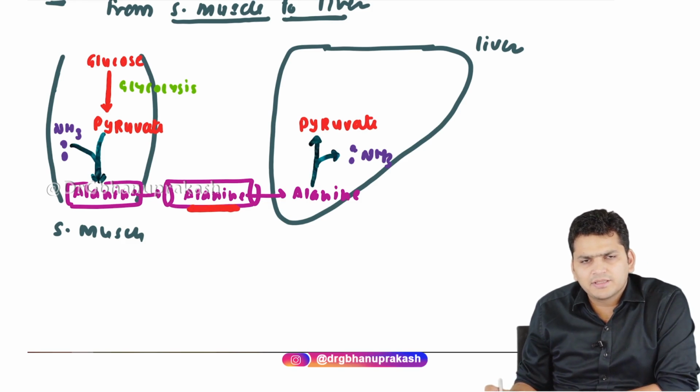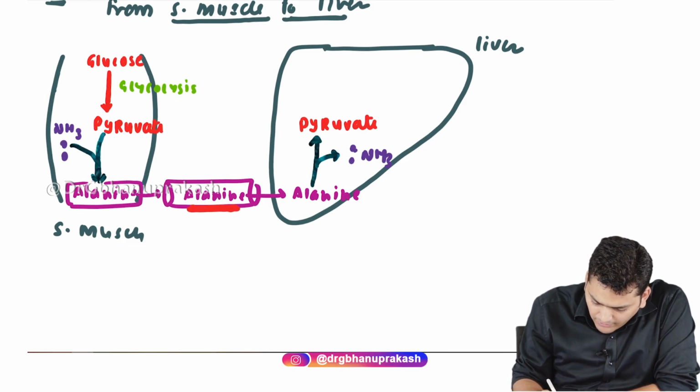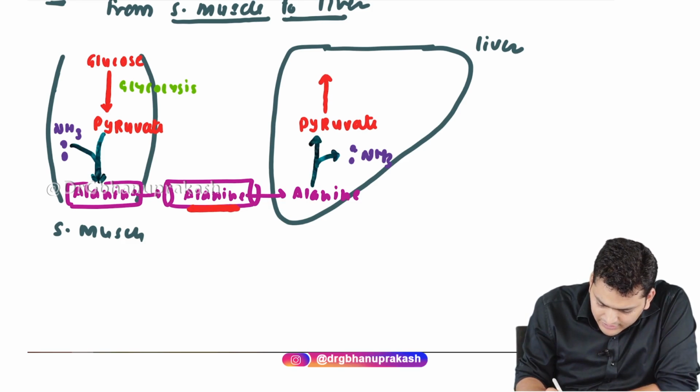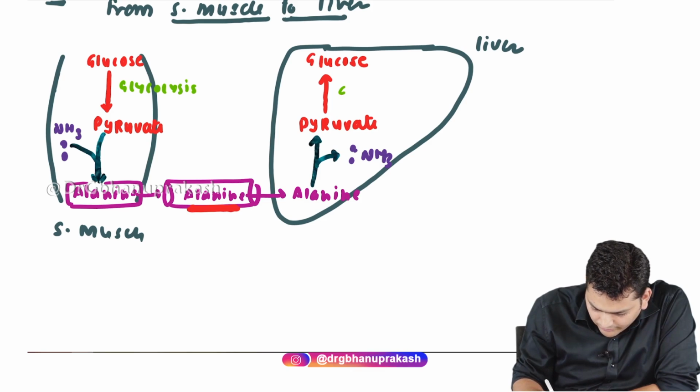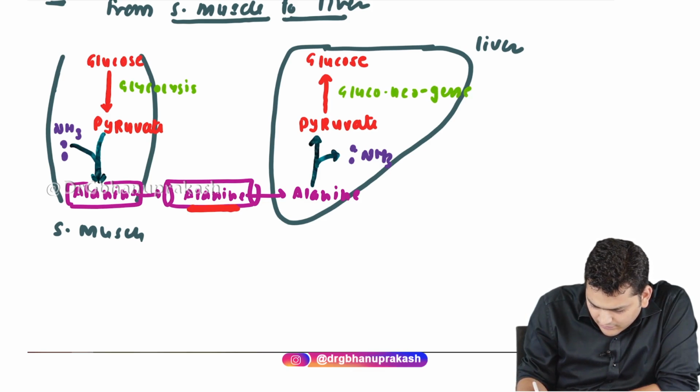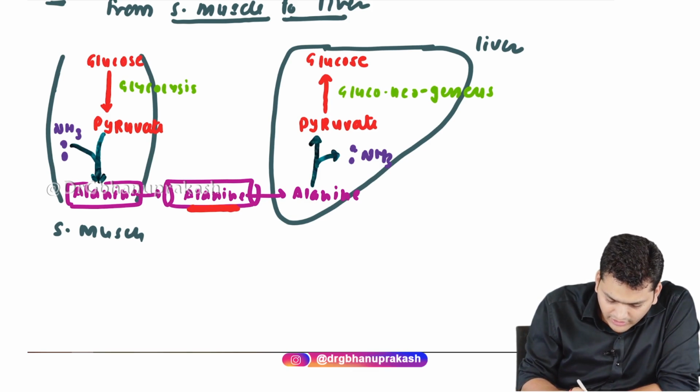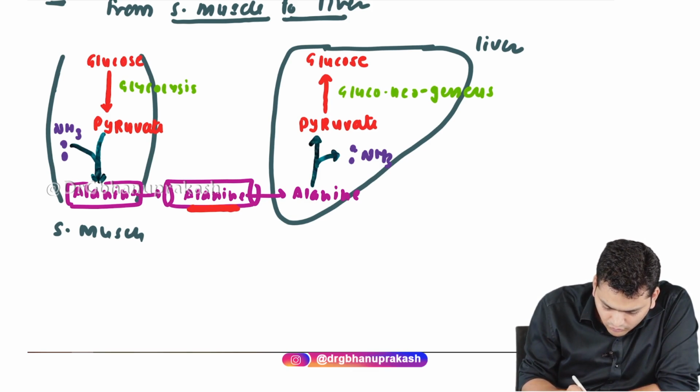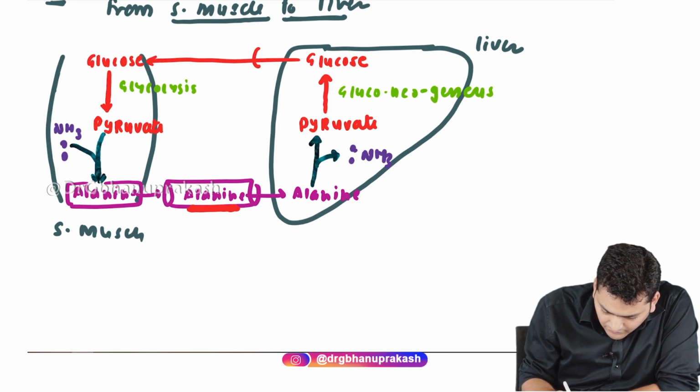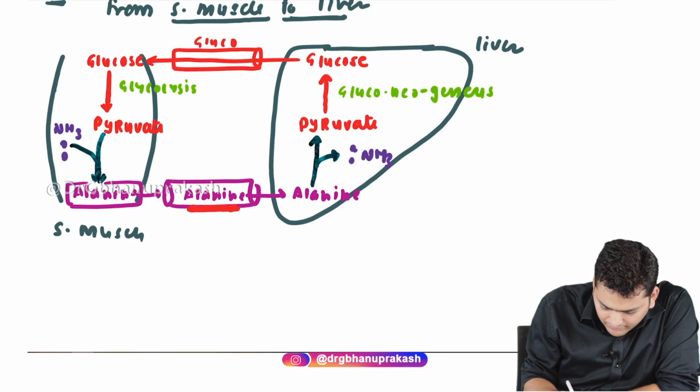The transporter name is alanine. Then what happens with the pyruvate? It may convert back into glucose, and synthesizing glucose from pyruvate is referred to as gluconeogenesis. And this glucose can be sent back via the blood all the way to the muscle for energy.